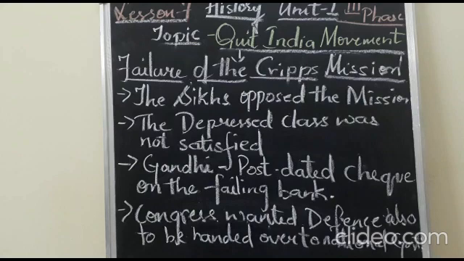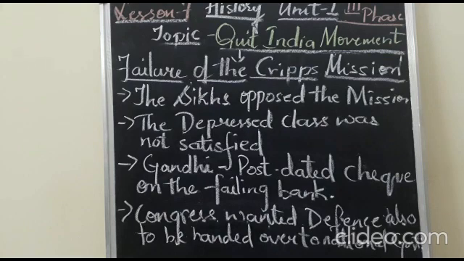The depressed classes were not satisfied, as they felt their position and importance in the country would be dominated by the upper caste Hindus. Mahatma Gandhiji rejected the proposal as opposed to the principle of non-accession of the provinces and called it a post-dated cheque on a failing bank.